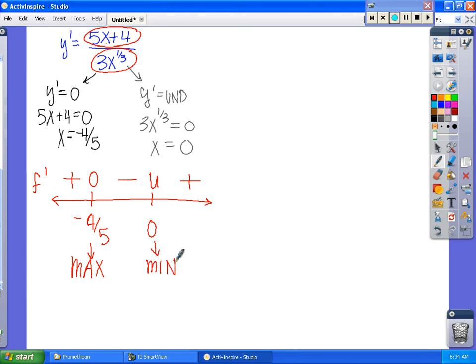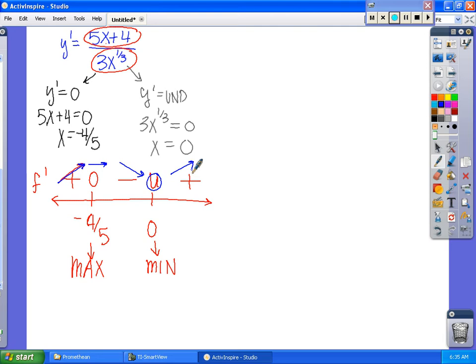I'm going to draw in my symbols here. So I go increasing. I flatten out. I decrease. I don't know exactly what's happening here. Well, we do. We know it's a cusp, but just by the sign chart, we wouldn't know. And then we increase. So you can kind of see what's happening.